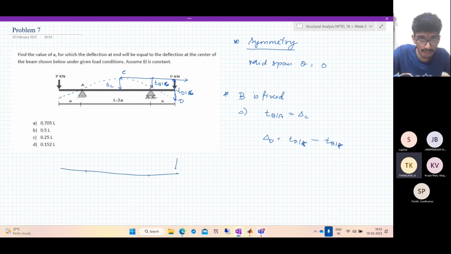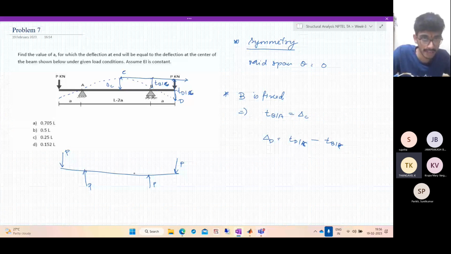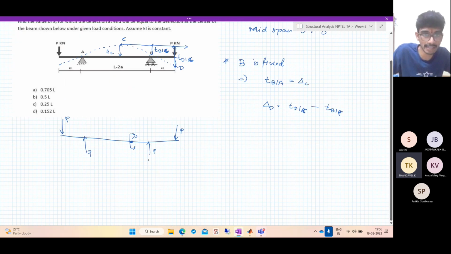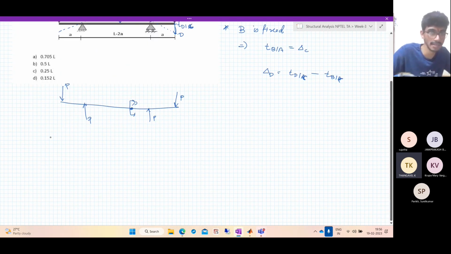So here, if you have P, this will also be P. And this, if you have P, this will also be P. So at any other point, if you take moment about any point here, the net force acting in this section is 0. So the shear force is 0, which means the slope is 0. So it's nothing but a 4-point bending test.